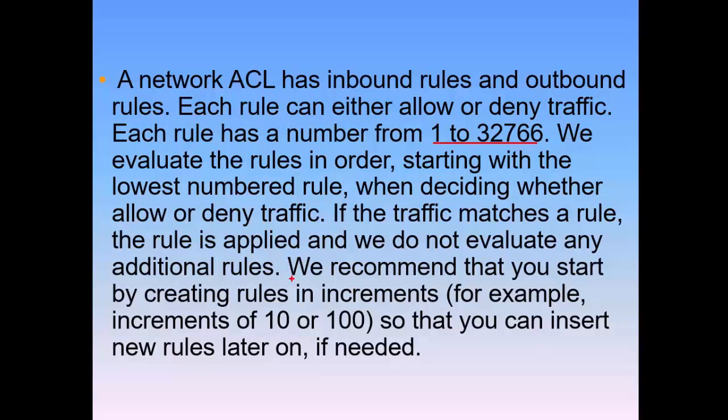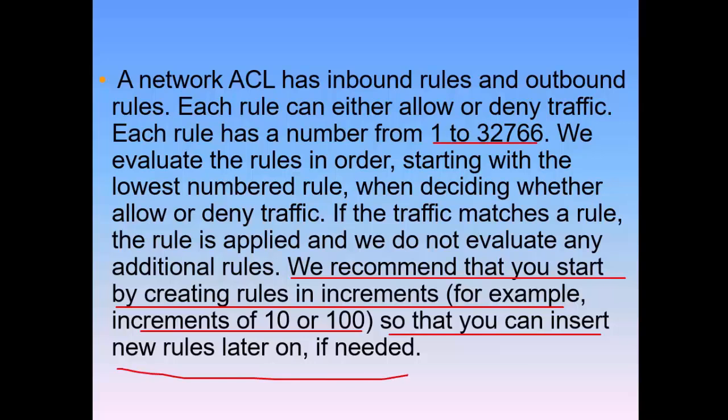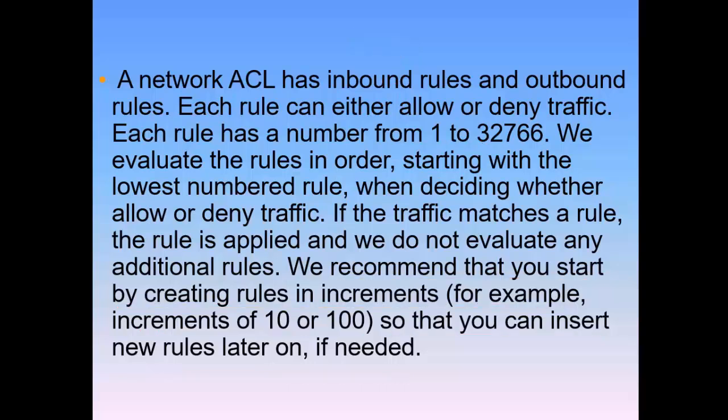So we recommend that you create the rules in increments, for example 10, 100, so that you can insert a new rule later if needed. Suppose you create one rule with the number 10, then 11. But suddenly you realize there should be one rule in between, and there is no space. So what is the better way?